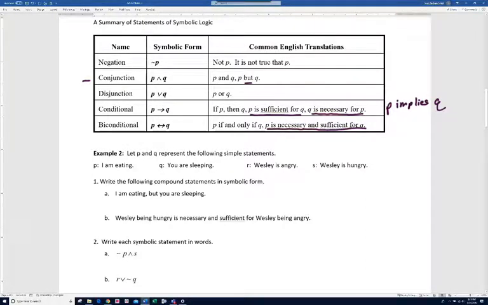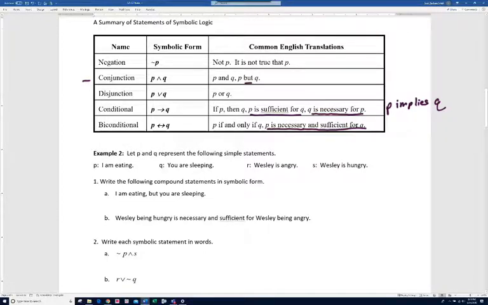On example 2, it says let P and Q represent the following simple statements. P is I am eating, Q, you are sleeping, R, Wesley is angry, and S, Wesley is hungry. Write the following compound statements in symbolic form.